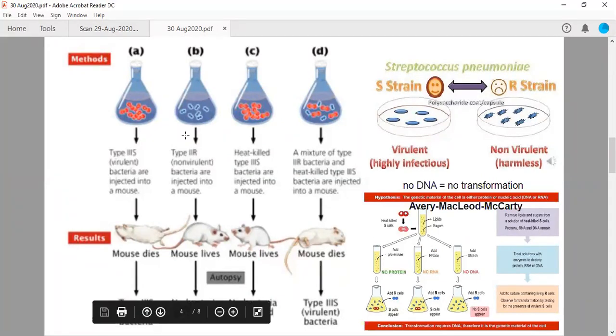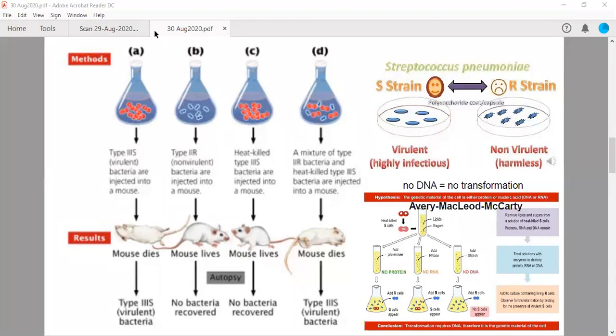There were four experiments in which two types of strains were selected. Let me annotate this because this has been asked several times: either type 2 R or type 3 S. There are two strains of bacteria, Streptococcus pneumoniae, which is a Diplococcus organism.